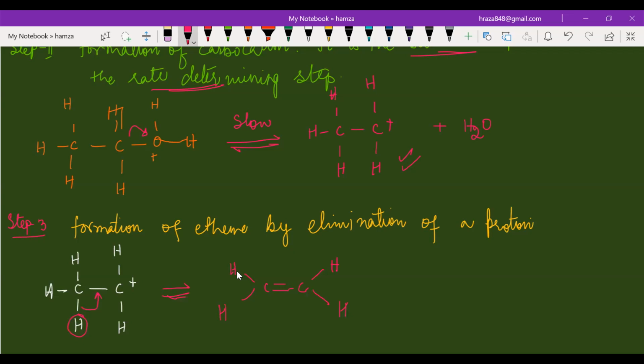So these are the steps you have to follow for your 3 marks, and H plus will be eliminated. Is that clear? The proton we used in the first step will be eliminated in the last step.